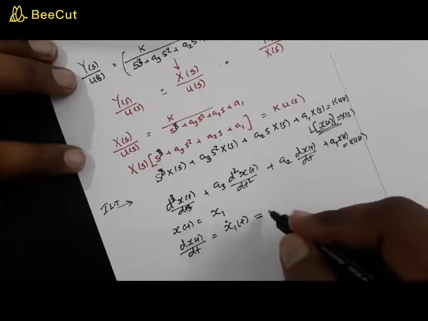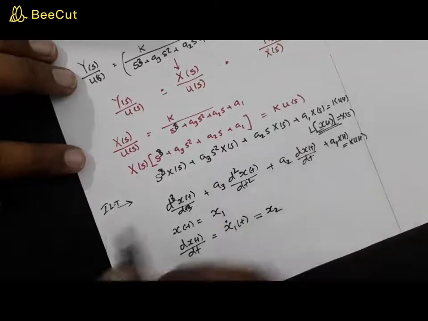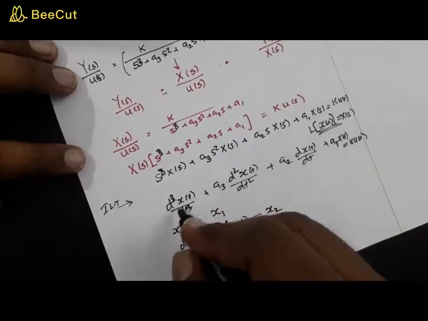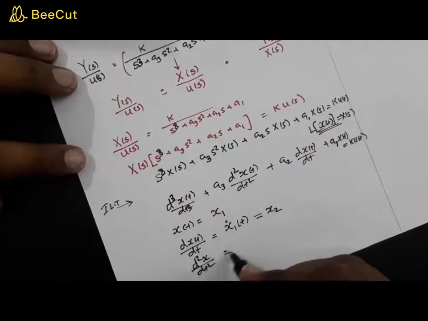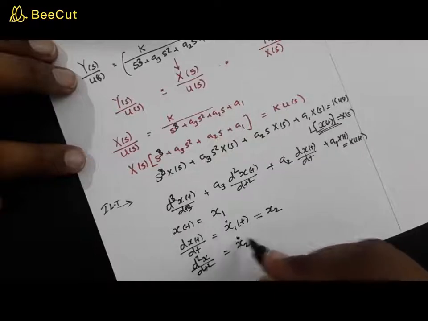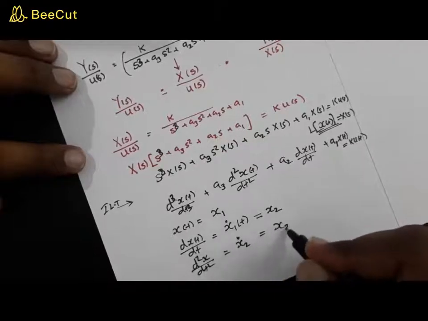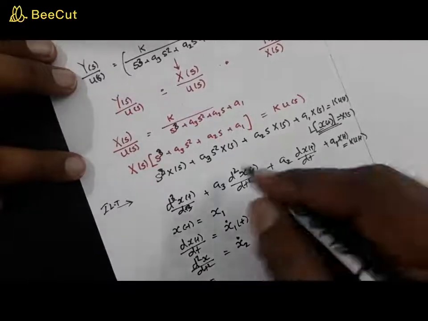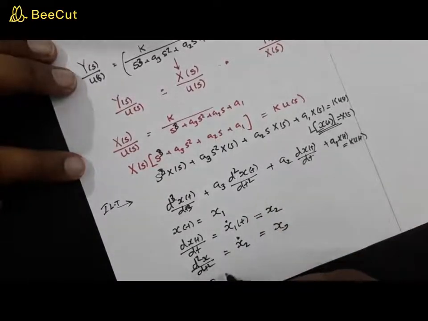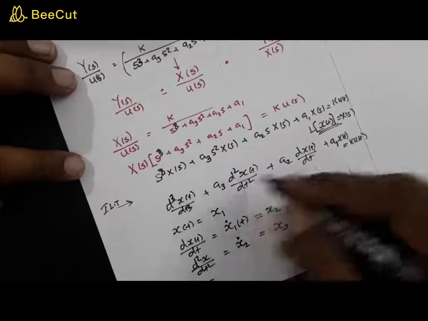And this has to be assigned to be x2. And how many state variables will it have? It will have 3 state variables. So the next one will be d square x by dt square, which is actually x2 dot, and you can assign that as x3.